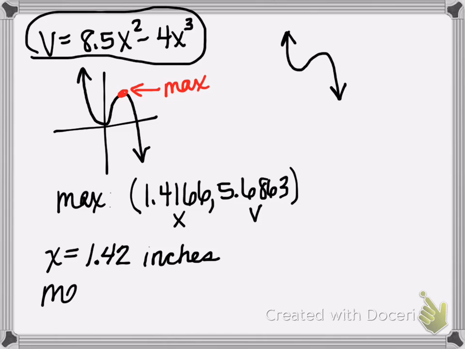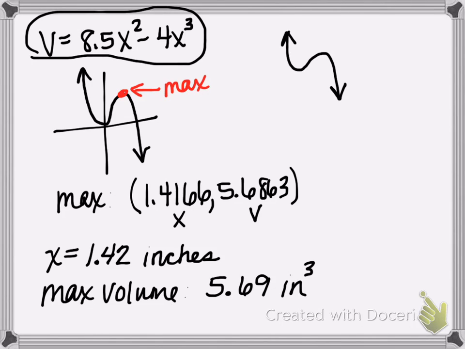And then the maximum volume obtained in this scenario, rounded to 2 decimals, would be 5.69. And since it's a volume, the measurement would be cubic inches for the units. 5.69 cubic inches will be the maximum volume you can get in this scenario.